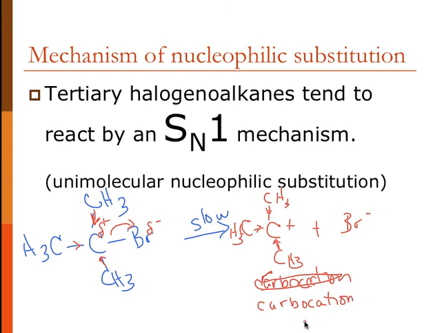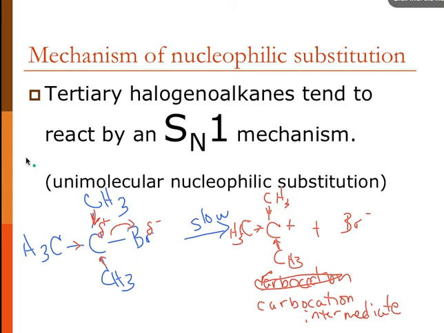Carbocation intermediate. Now, if you think back to the previous mechanism with the primary halogenoalkane, the nucleophile kind of came in first and it formed this transition state where I had kind of 5 things connected to this first carbon.